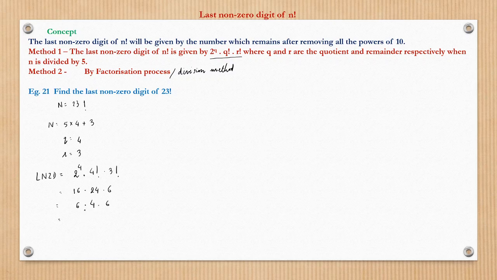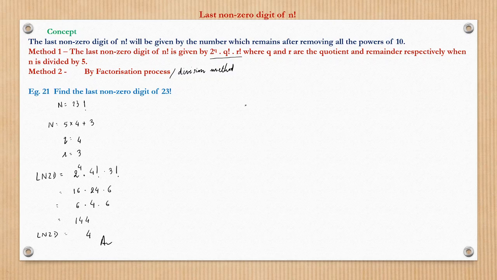That becomes 36 into 4, which is 144. So we will only retain 4. So 4 is the last non-zero digit. This is the answer. This method is very simple to use, but its effectiveness is limited to small numbers. For bigger numbers it needs a bit of modification, and after modification the simplicity of this process goes away.